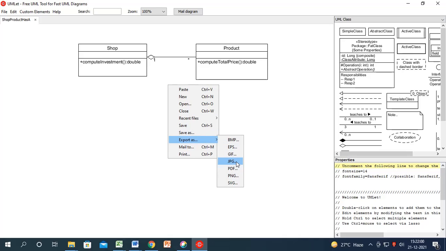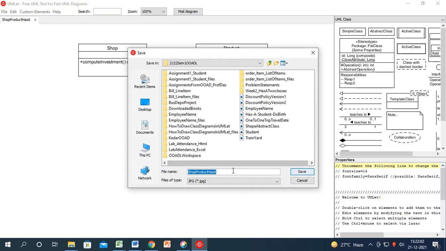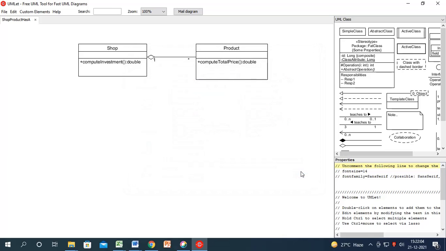If we export this as JPEG, now as you all know, with respect to the earlier presentation or earlier video, the first part is the class name, the second part represents the attributes, and the third part represents the method or the behavior.